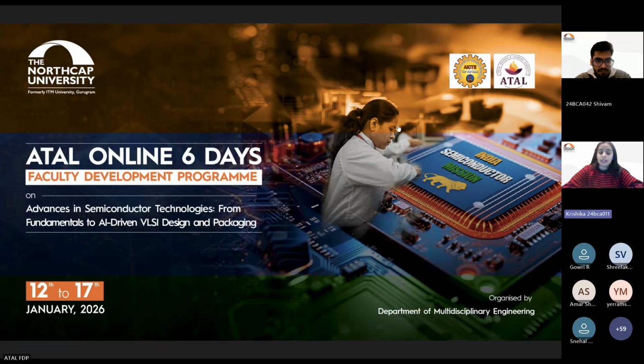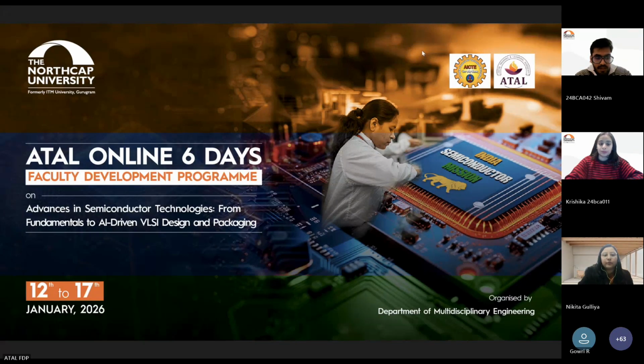It is now our proud privilege to welcome our first speaker for the day, Ms. Nikita Gulia, joining us from the industry sector. Ms. Gulia is a senior RTL design and verification engineer at Agnesys Technologies with over 9 years of industry experience. She holds an MTech in VLSI from CDAC Noida and is a recognized expert in system RDL, RTL design, and UVM based verification.